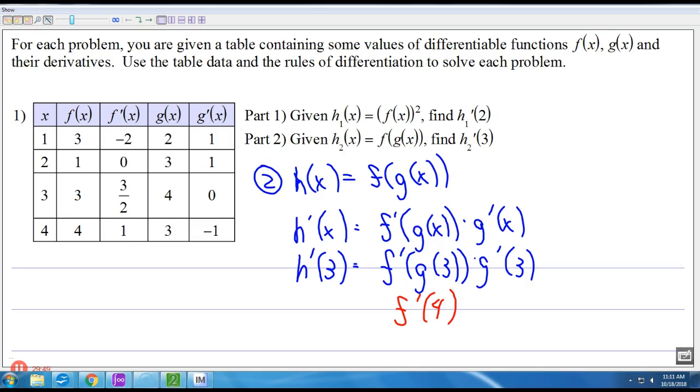Like you're plugging into one and then the next one. See what I'm doing? So what's f prime of 4? f prime of 4 is 1, isn't it? Times, and then the g prime of 3. Then I can just read off the chart. So g prime of 3 is 0. So it's 0 at the end anyways, but I don't care about the answer. Does what I'm doing make sense to you? Questions on it?